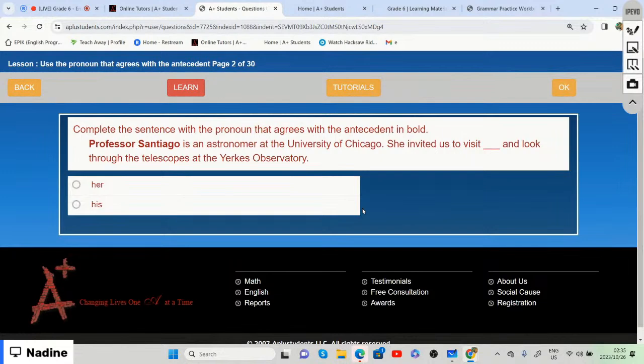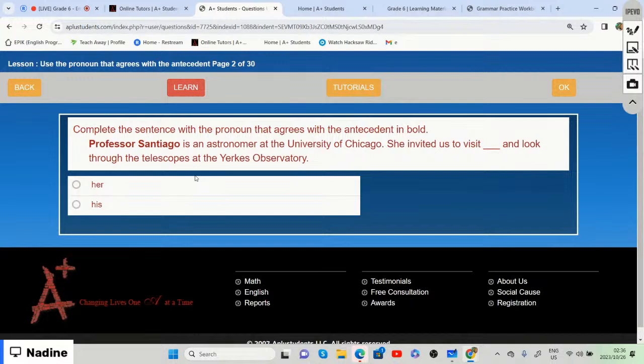Professor Santiago is an astronomer at the University of Chicago. She invited us to visit her, or she invited us to visit his, and look through the telescope at the Yerkes Observatory. What is the correct pronoun that agrees with the antecedent in bold, which is Professor Santiago?